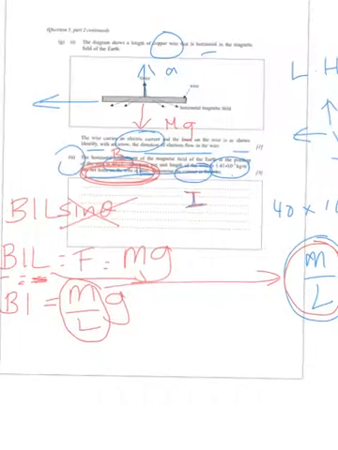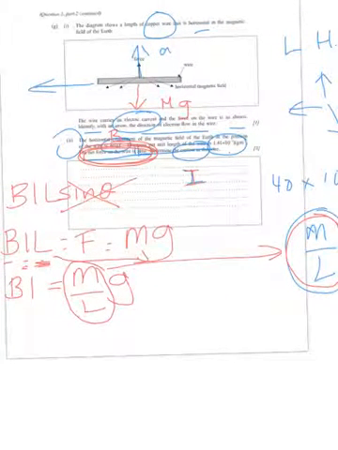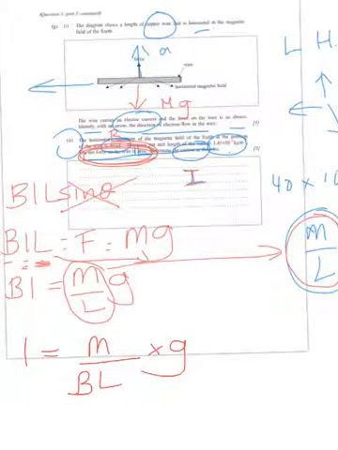So no piece of information is useless in an IB question. In fact, it's giving you a bit of a hint about where to go. So the current would be equal to the mass per unit length times g over the magnetic field strength. And if you substitute all those values in, you should get a current value of 35.25. Please try it now if you did not get this correct.